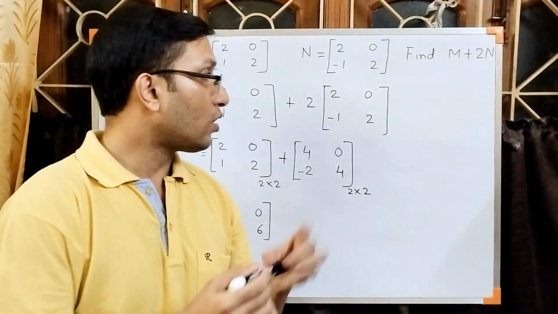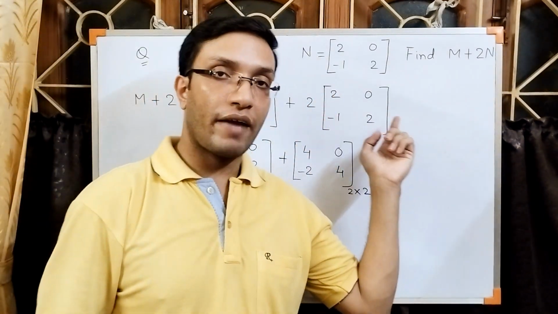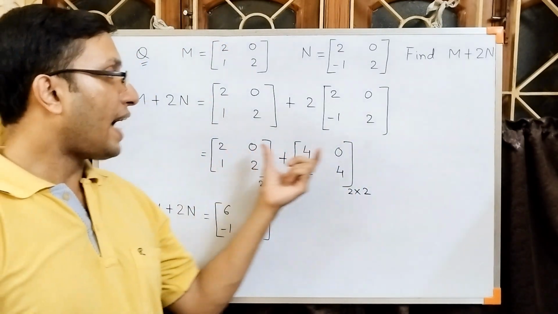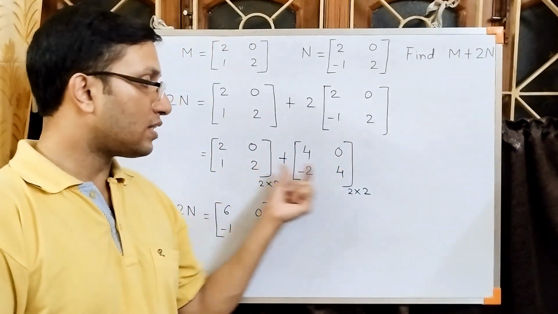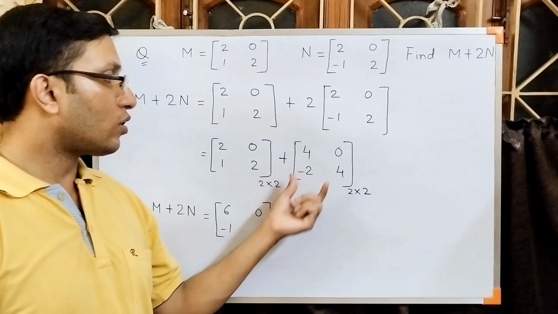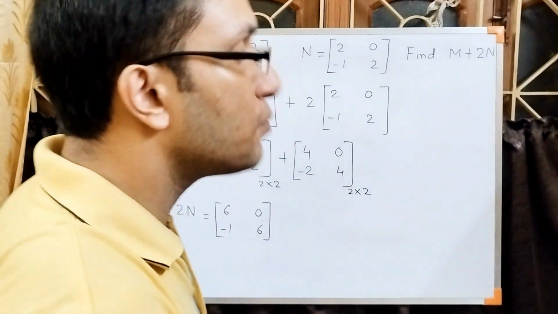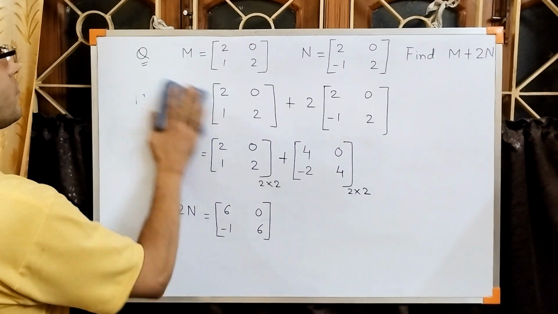This constant number is multiplied with each and every single element inside this matrix N. Then M and 2N are of the same order. Then we add both of them according to their respective positions. Let's move on to the next problem.